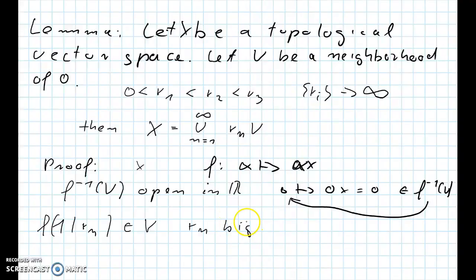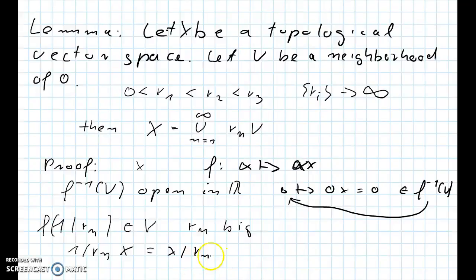But f of 1 over r_n is the same as 1 over r_n times x. Maybe let's write it this way, is the same as x divided by r_n.